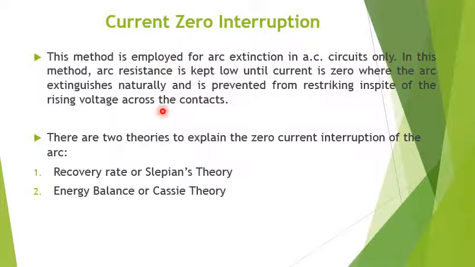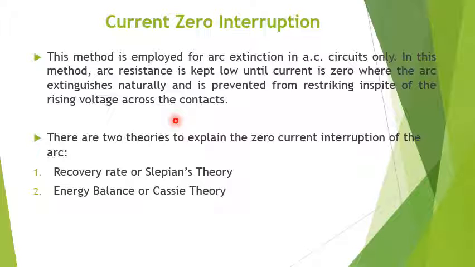The arc resistance is kept low until the current reaches its zero position. As the AC voltage is sinusoidal, it reaches zero at every half wave, so the current also reaches zero at each half wave. Once the current reaches zero, the arc can be quenched.